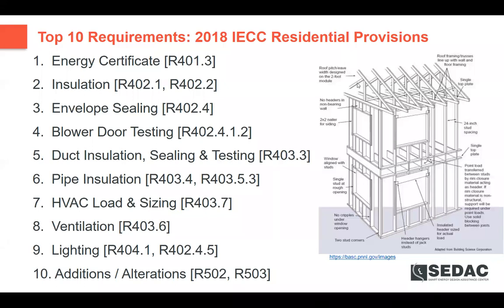Duct testing is so many cubic feet per minute per 100 square foot of conditioned space. If the air handler is installed, then it can leak no more than 4 cubic feet per minute per 100 square foot conditioned. If the air handler is not installed, then it has to be tighter. It can leak no more than 3 cubic feet per minute.